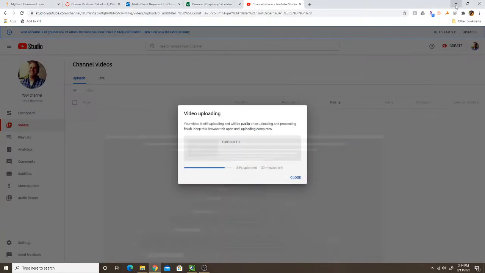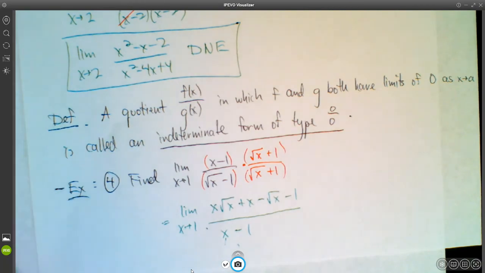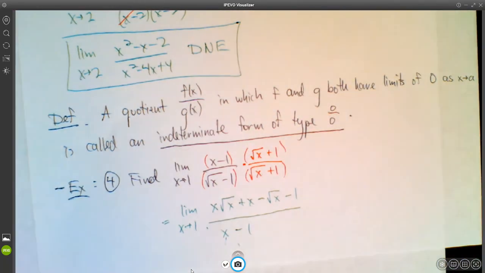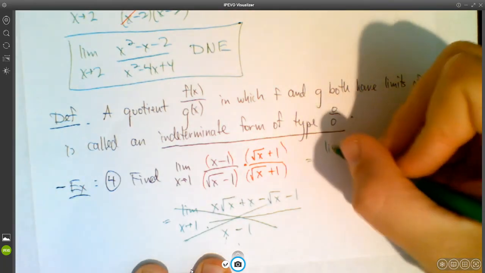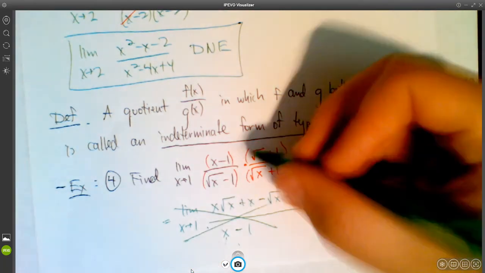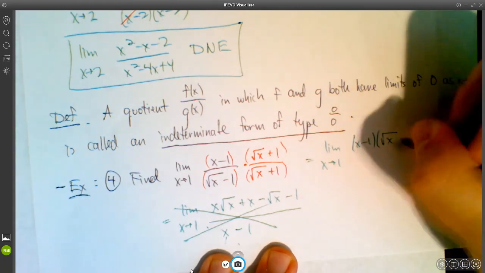Okay, I figured it out. That was so silly of me. What I shouldn't have done is distribute in the numerator. What I should have done is just say, this is the limit as x approaches 1, and leave the numerator as x minus 1 times square root x plus 1.